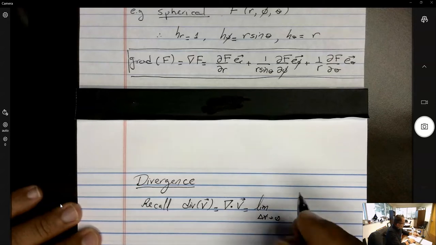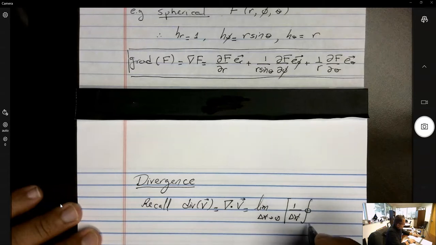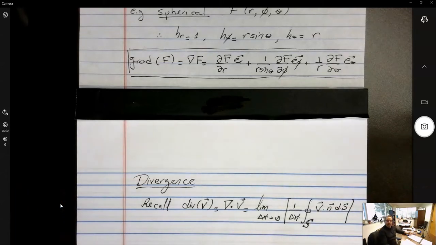We call it omega; in this case, we're going to call it delta volume. 1 over this volume times the integral over the contour, which we're going to call S now, of V dot n dS. Okay, this is just the divergency by definition.